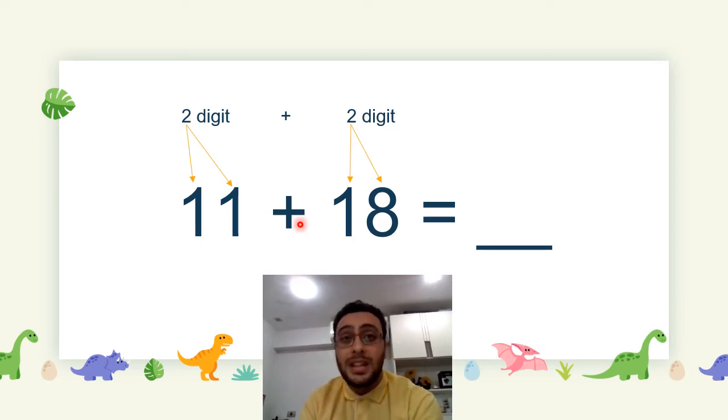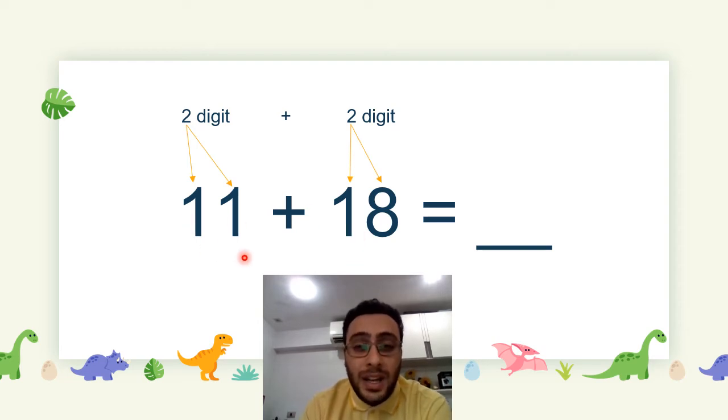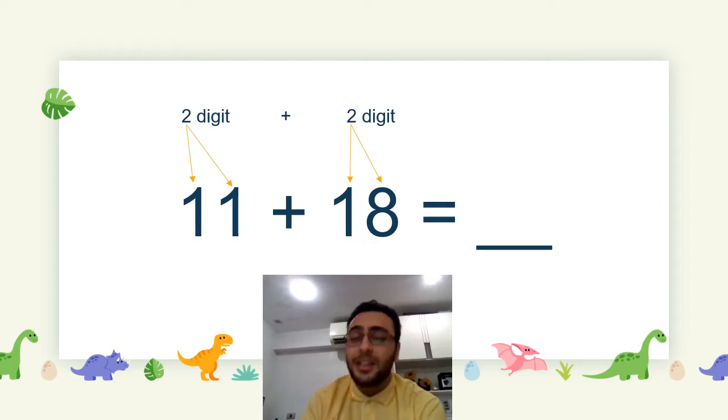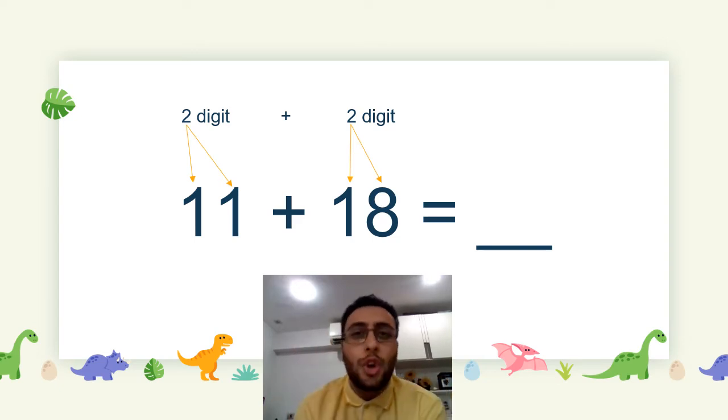This time, read it with me. 11 plus 18. Very good.